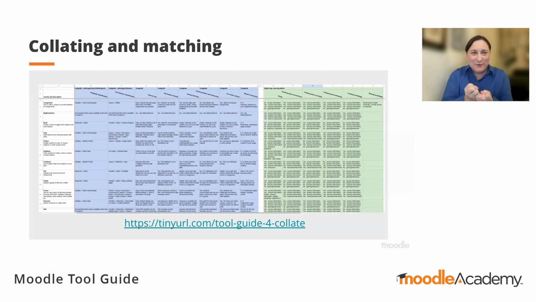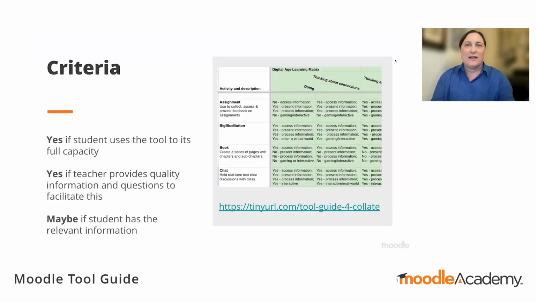And I collated all the Moodle tool guides and the digital age learning matrix into this one spreadsheet, and then I matched those to Moodle activities and resources. And I made the executive decision that it would be yes if the student uses the tool to its full capacity, and yes if the teacher provides quality information and questions to facilitate the use of the tool. And then also I had a maybe.